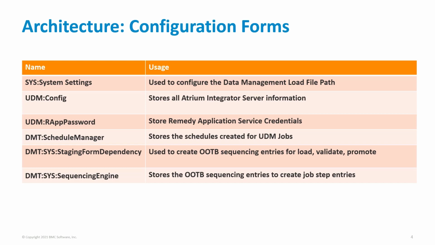The sequencing entry are stored in DMT:Sys:Sequencing engine form. These entries can be identified with a string "do not remove" in the parent job GUID field present in the DMT:Sys:Sequencing engine form. These entries are further used as a template record to create the transactional job step entries.